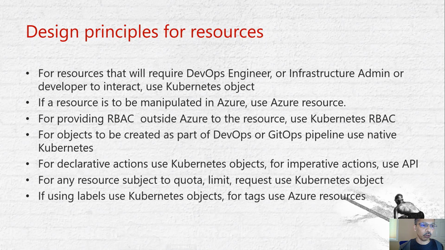For providing role-based access control outside of Azure to the resource, we use Kubernetes RBAC and Kubernetes concepts like namespaces. For objects created as part of that DevOps, GitOps pipeline, use native Kubernetes. For declarative actions, use Kubernetes objects. For imperative actions, use APIs.